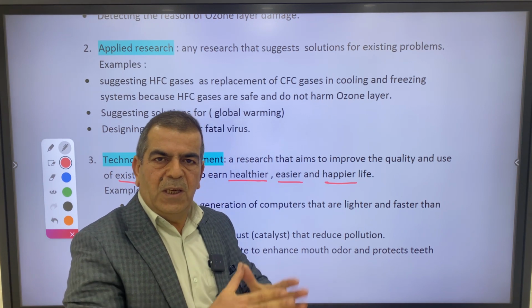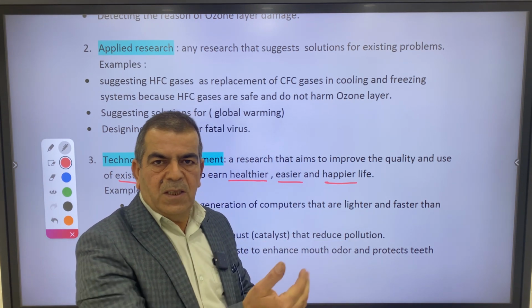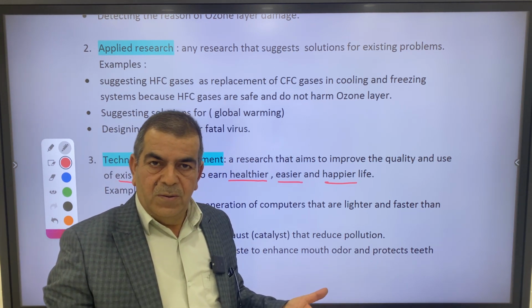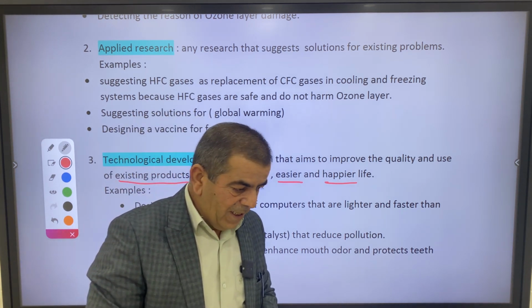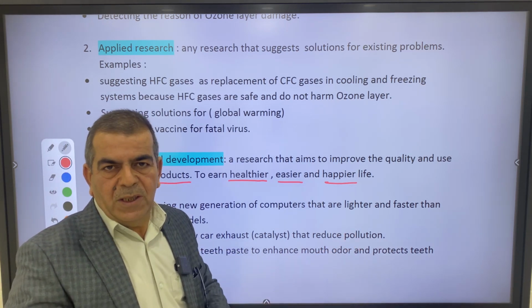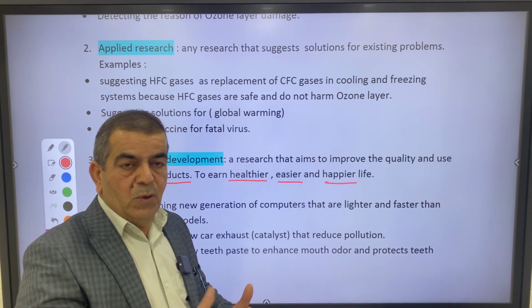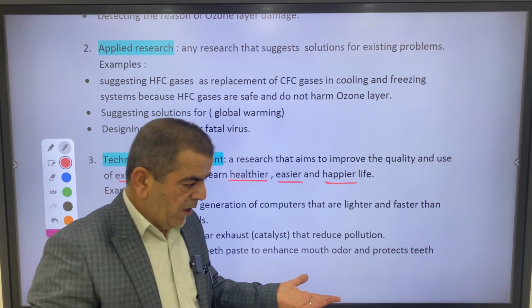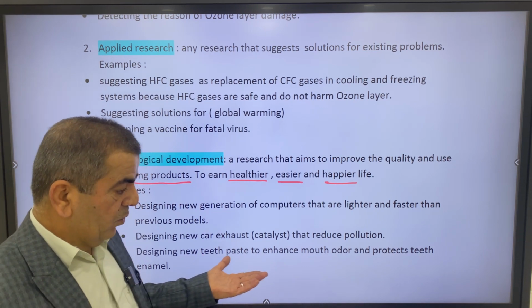That computer can be lighter in weight and faster and maybe wider in storage. So in this case, we had a computer and we got settled with it and it was okay. But we want to improve in order to have what? To have a better life. That's why they designed a new computer.